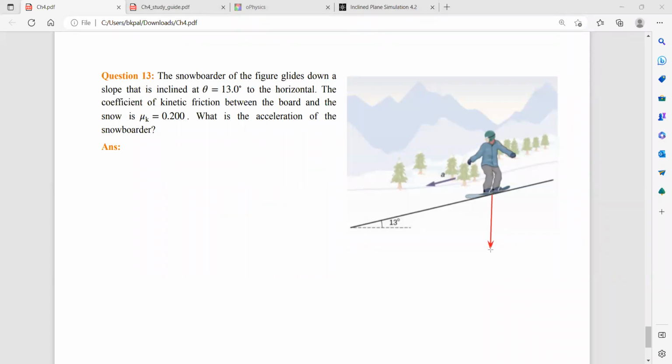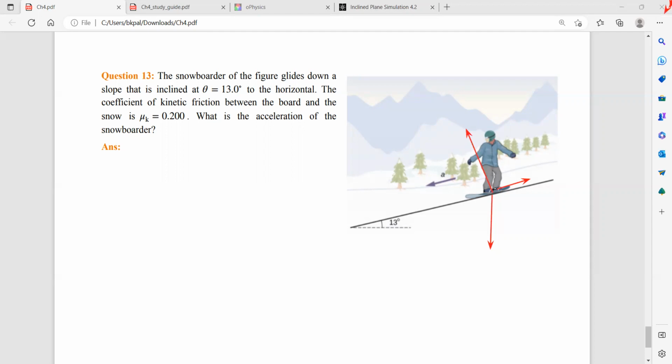So this one is the gravitational force. There will be normal force. Normal force is perpendicular to the plane, so it will be in this direction, right? And the person is moving in this direction. If there is a friction force, it will be in this direction, right? So this is the friction force.